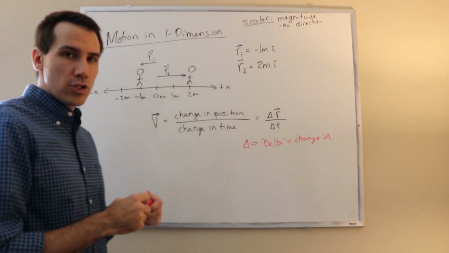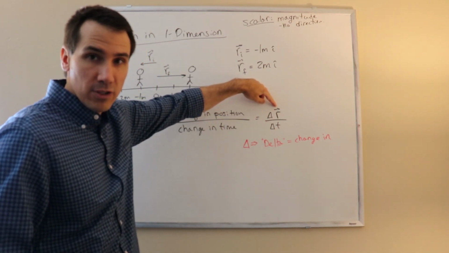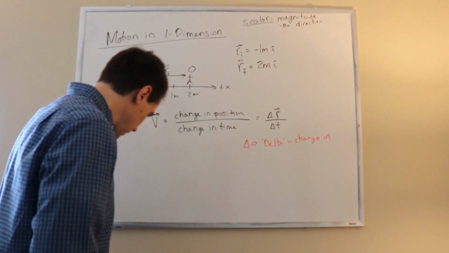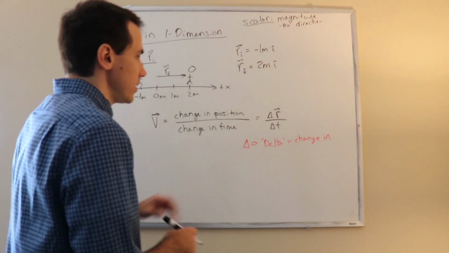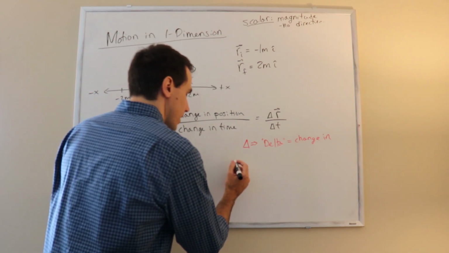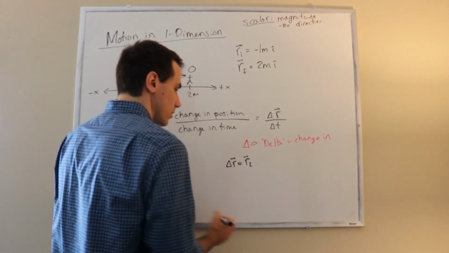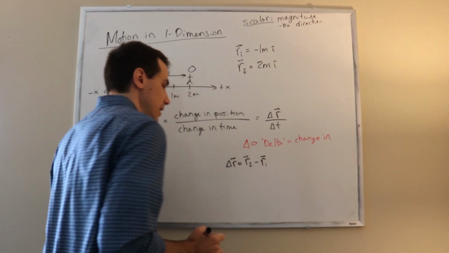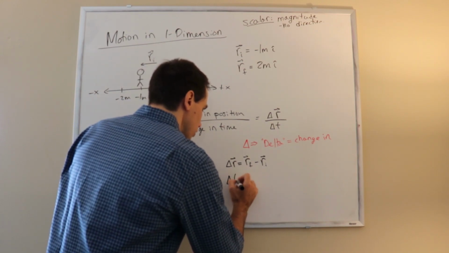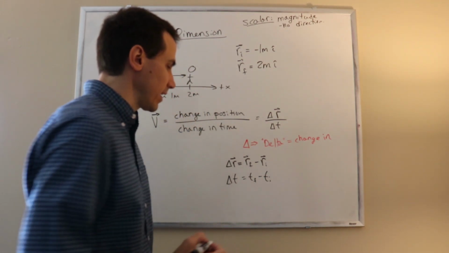So whenever you see delta, just replace it with change in. So this is the change in my position vector divided by my change in time. And we can always define this change in variable as the final value minus the initial value. So that is to say that delta R is the final value of my position minus the initial value of my position. And my change in time is the final value of my time minus the initial value of my time.